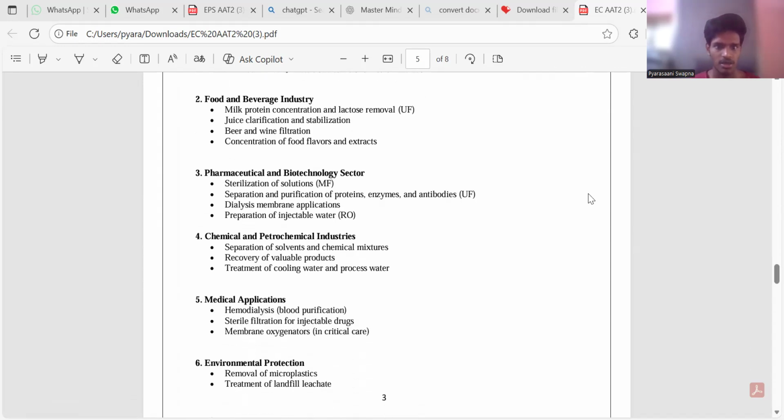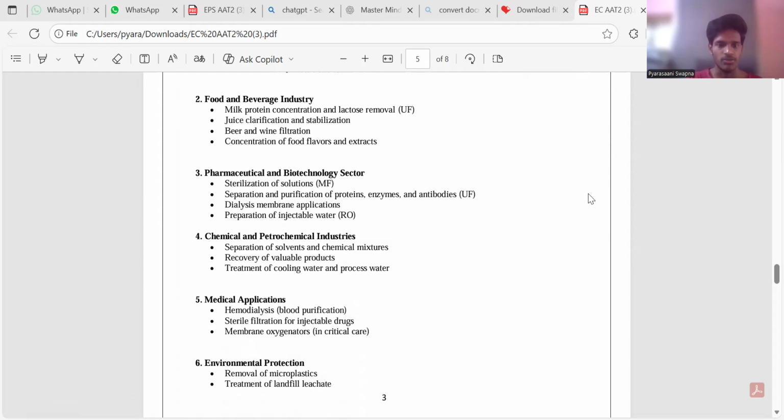Chemical and petrochemical industries: separation of solvents and chemical mixtures, recovery of valuable products, treatment of cooling and process water. Medical applications: hemodialysis, blood purification, sterile filtration for injectable drugs, membrane oxygenators in critical care.